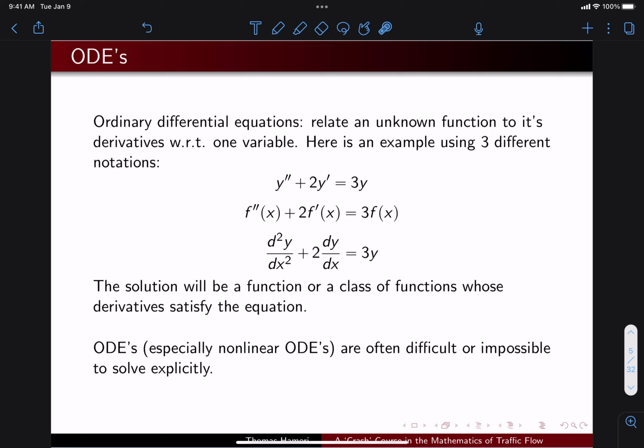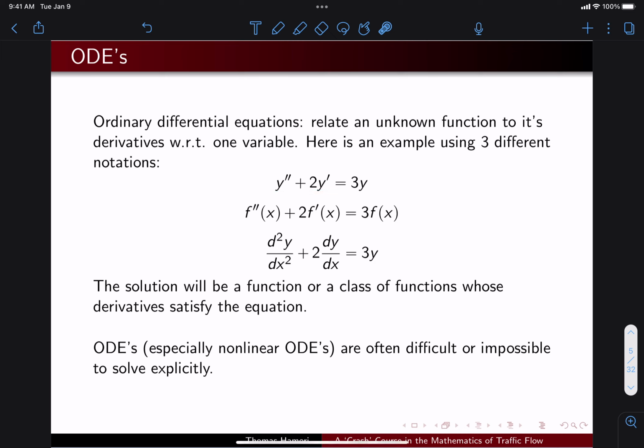The first thing I'm going to introduce is an ordinary differential equation. Are we all familiar with derivatives? We've seen a derivative, we know how to do a derivative, maybe we learned the power rule and some other things. So an ordinary differential equation is an equation which relates a function to the derivatives of that function with respect to one variable.